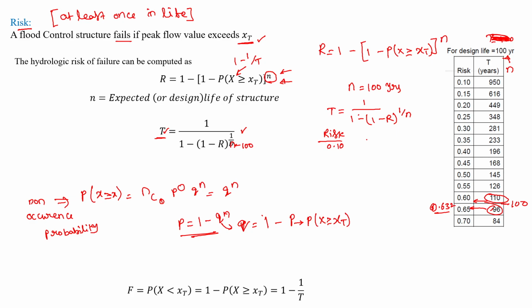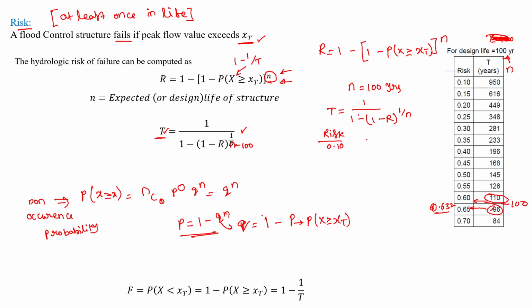Let's say one stream flow value was observed at some time in the past, and after some 950 years you may be able to observe another such event. So this 950 years represents the expected time that stream flow will exceed the design value at least once.